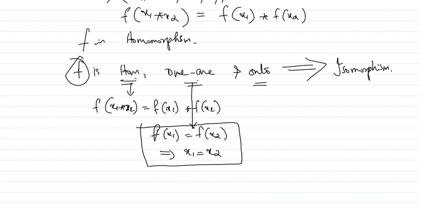When we say that the function is onto, suppose f is a function from x to y.